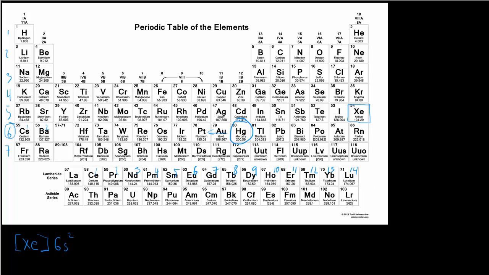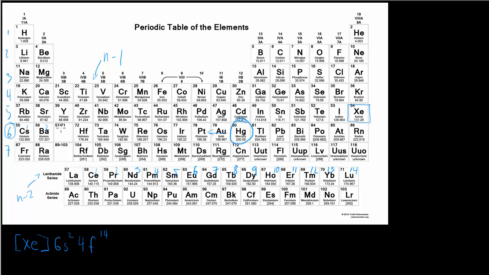Now we need to figure out what row with the f's we start on. So for the d block, it's always n minus 1, and for the f block, it's always n minus 2. That's where we start. So we're in row 6, so 6 minus 2 is 4, so we're going to have 4f, and we've gone completely across it, 4f14.